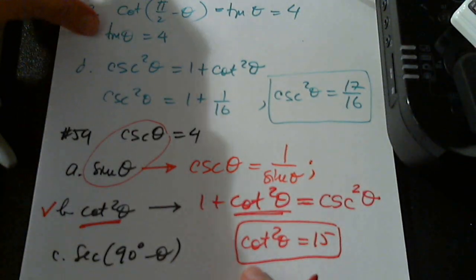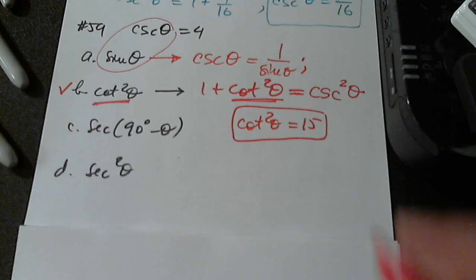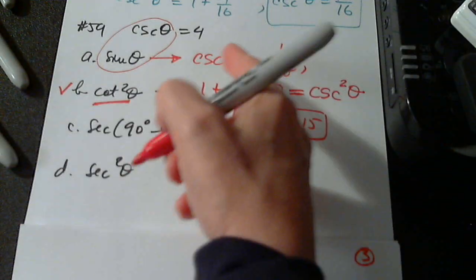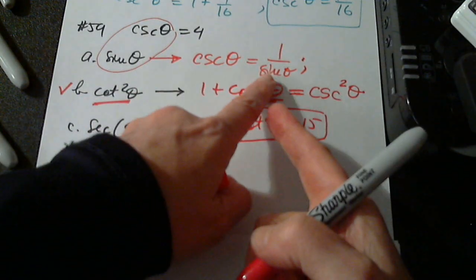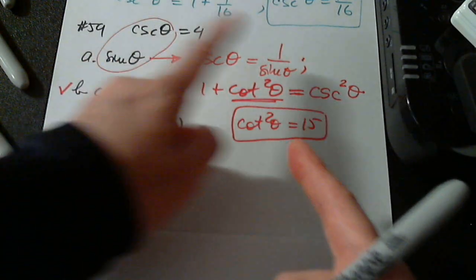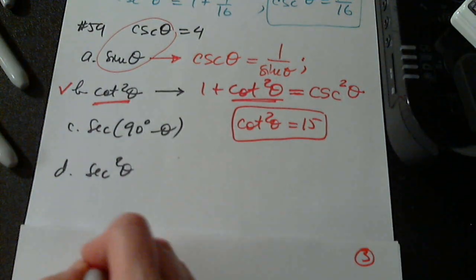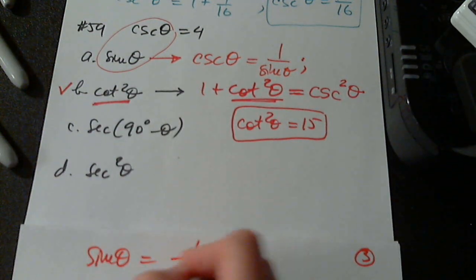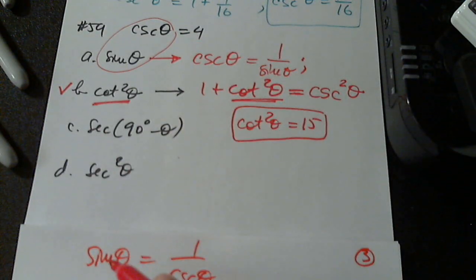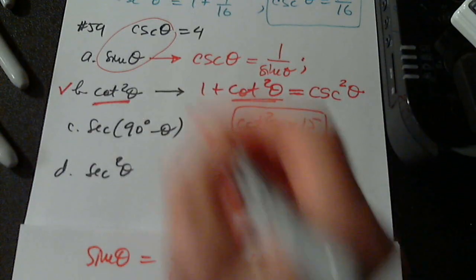So I'm going to continue here because I don't have enough room. I never have enough room on these papers, as you know already. So when you say cosecant equals 1 over sine, you can say sine equals 1 over cosecant. That's how it works. If cosecant is 4, sine is 1/4. Done.